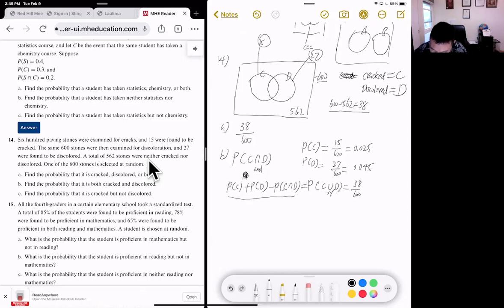P of C or D is all the areas within the circles of C and D. That is equal to P of C, the circle of C, plus P of D, the circle of D. You realize we add the intersection of C and D twice, so we need to subtract that part.